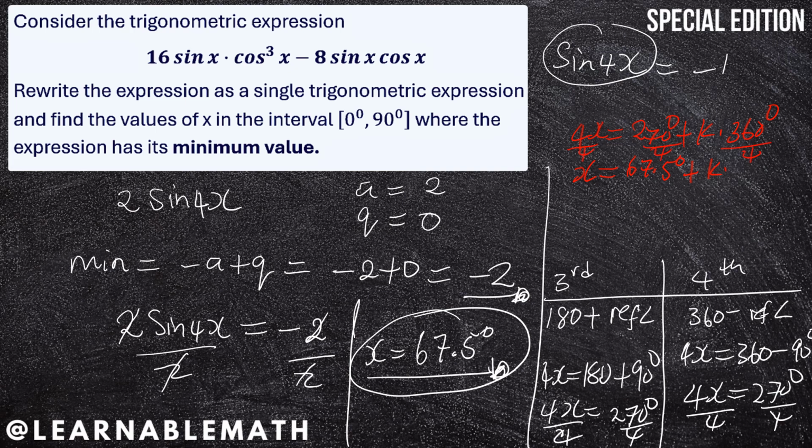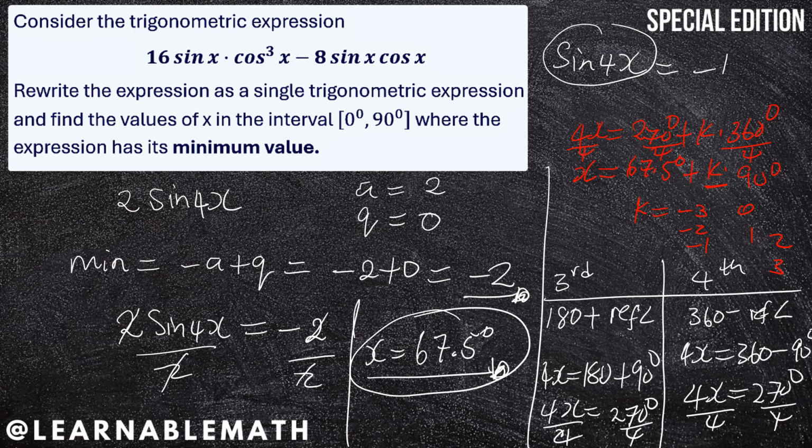As you divide by 4 there, 360 divided by 4 will be 90. Okay, so what you can do is, when there is k, you can substitute k equals minus 3, minus 2, minus 1, 0, 1, 2, and 3, right? And check what are the values of x that will be within that interval.